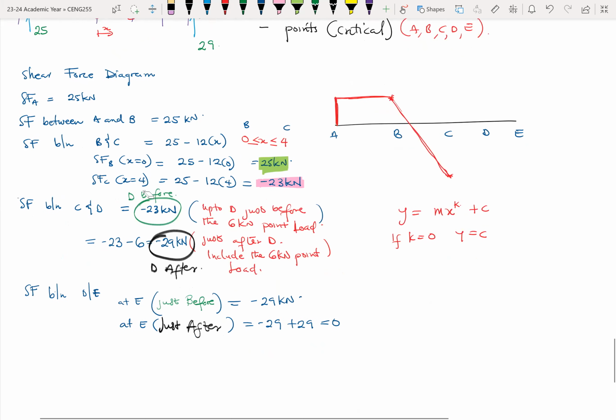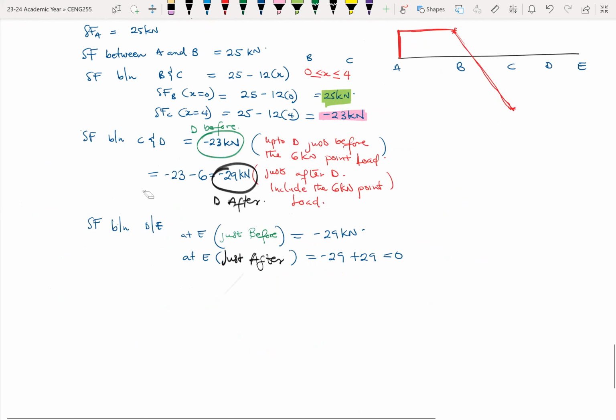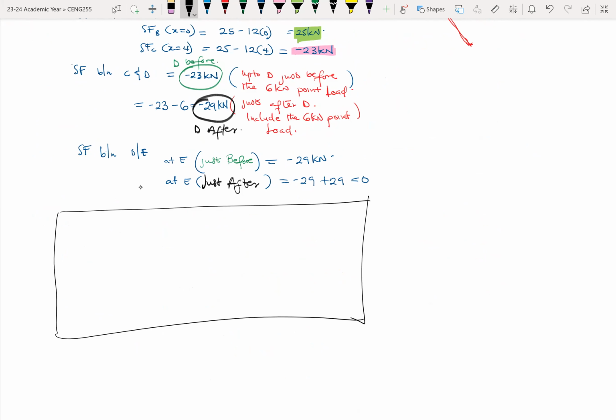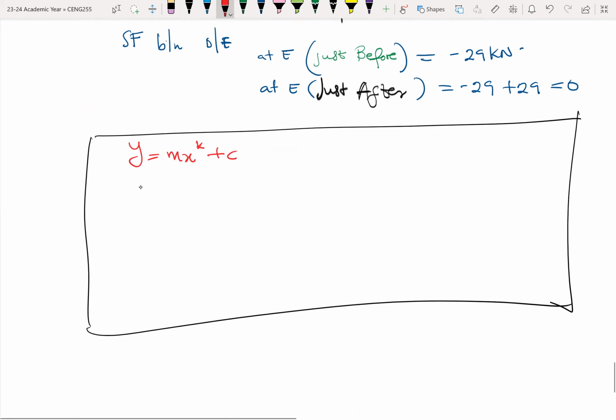I think I'm running out of space. Let me put this right down so that it follows. I'll just create a box for it because it's just extra information. So if y is equal to mx^k plus c, if k is 0, then it means that y is equal to c.